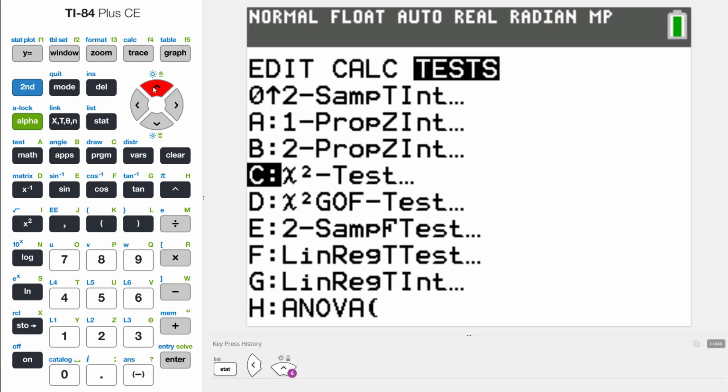What makes this difficult for people is that the data is required in a matrix form. Most people don't have experience keying a matrix into a graphing calculator like this. So we're going to show you how to key in a matrix, but let's take a look at what the test is expecting first.